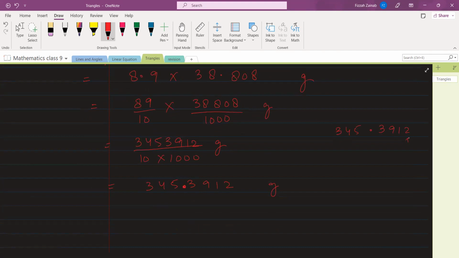First you round off this 2. This is smaller than 5, so it will remain same. So 345.391. Now this 1 is again smaller than 5, so it will be 345.39. That's it. So there'll be no change on 9 here. So this is 345.39 grams. I hope all of you remember how to round it off, and you can write approximately also in the bracket.